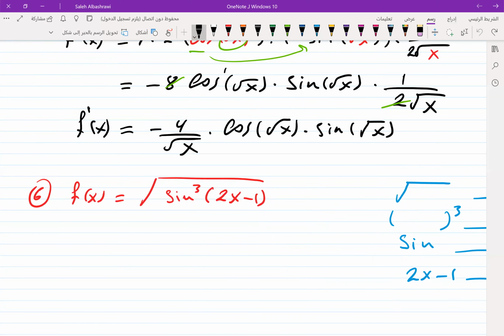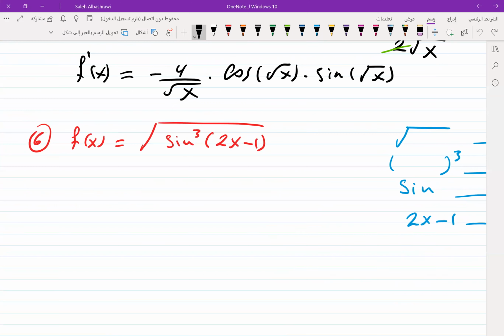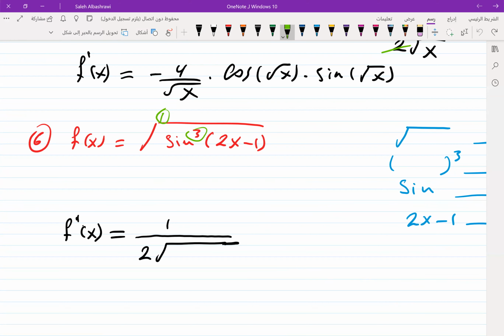So the derivative now will be written as 1 over 2 square root. This is the derivative of the first one, the square root. Second one is 3. This is my second function. So it is multiplied by 3 multiplied by something to power 2.